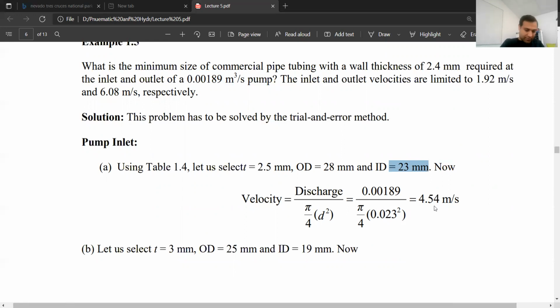So let's have a look. Let me just check the answer. 0.00189 divided by pi over 4, multiplied by 0.023 squared.